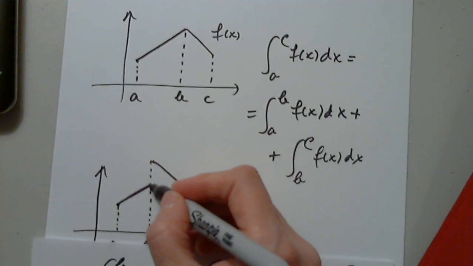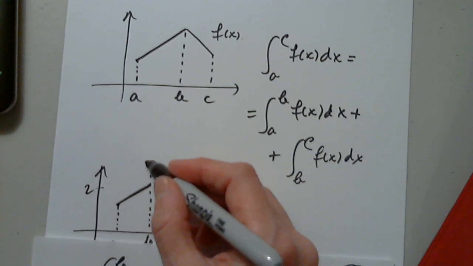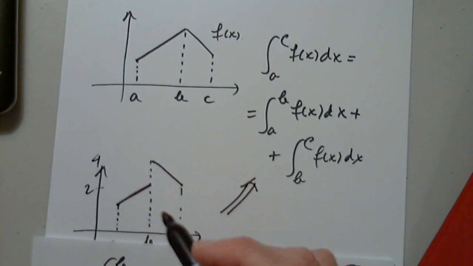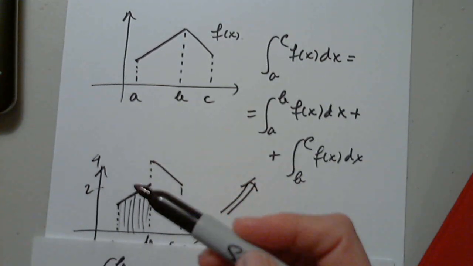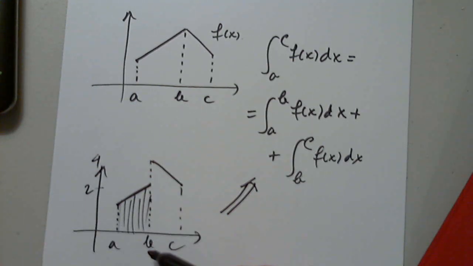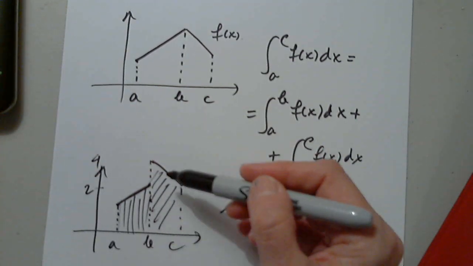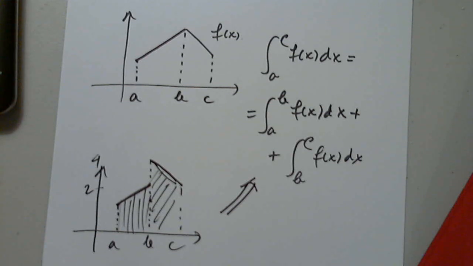It doesn't matter. This function is continuous on AB, and this function is continuous on BC. Gotcha.